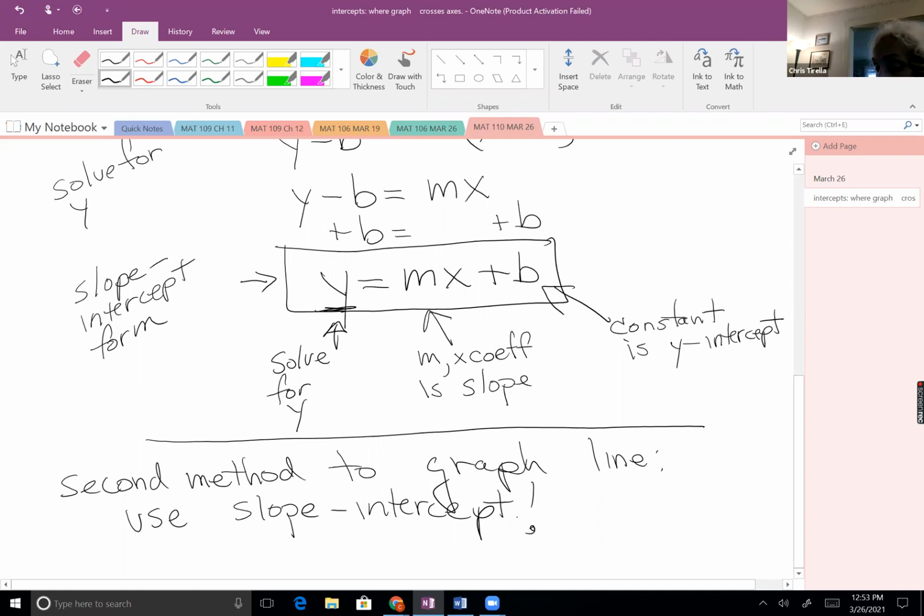Because I don't want this page to run on too much, let's look at an example. I'd like to turn the page before I look at an example.